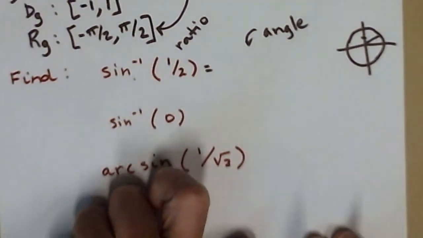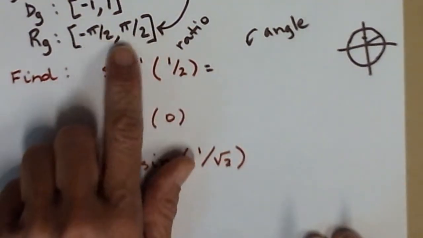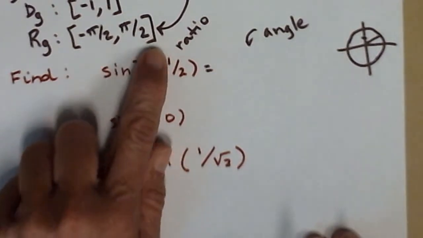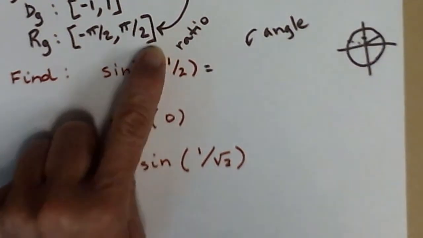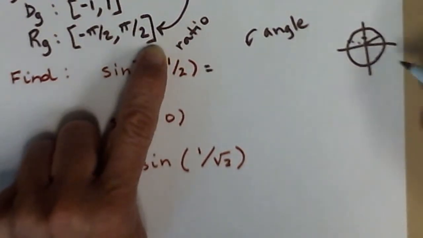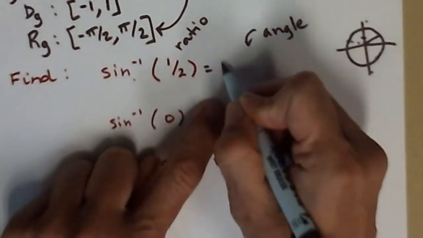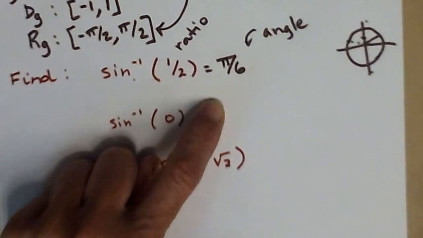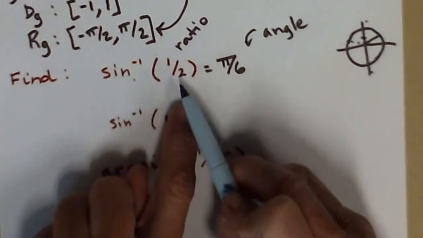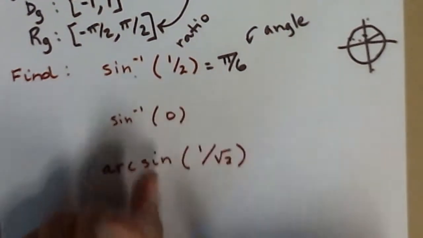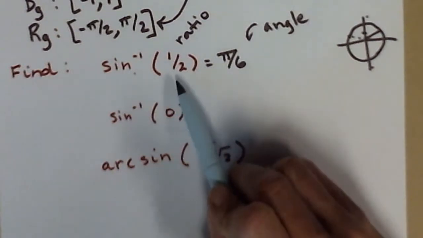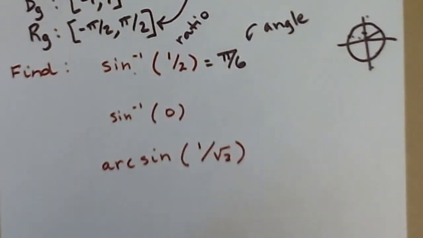Keeping in mind, I need to pick a value between negative pi halves and pi halves, because there are a lot of different values that would have a sine equal to 1/2, but I want the one that goes between negative pi halves and positive pi halves. So that one is pi sixths. So when you're finding the inverse trig function, its value is the angle. So the argument is the ratio, the answer is the angle.